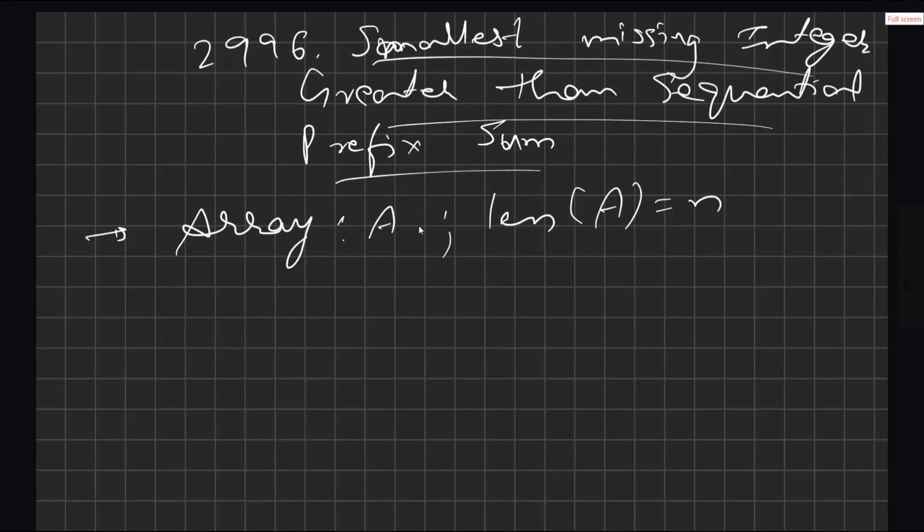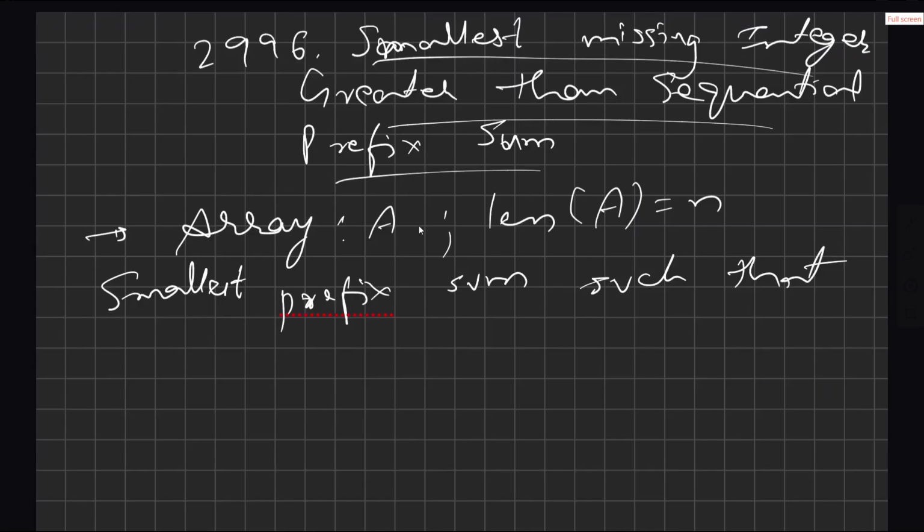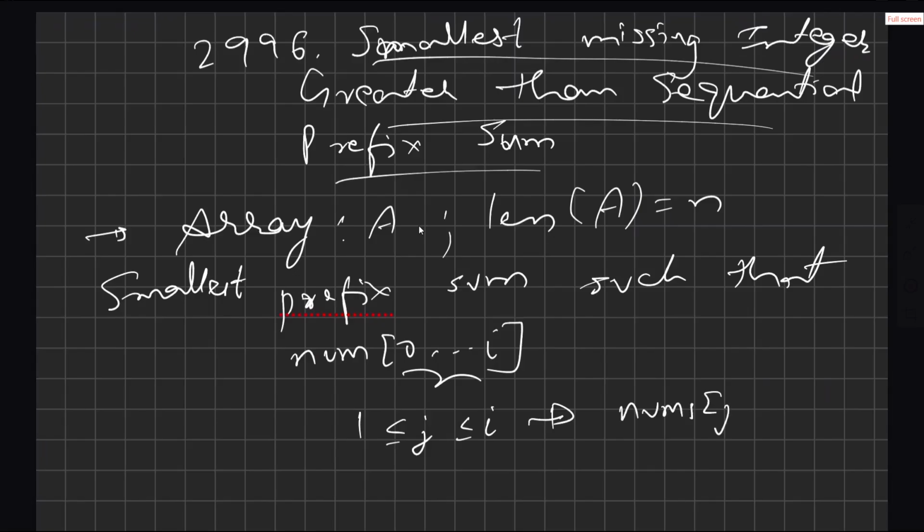We need to find the smallest prefix sum such that, when you take a number from 0 to i, iterating over j from 1 to i, nums[j] will be nums[j-1] + 1.